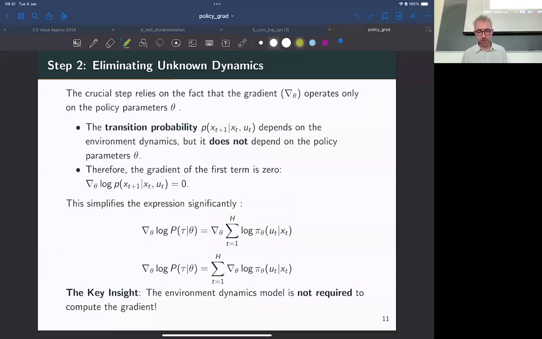So yeah, the key property is that the environment dynamics model is not required. Because this is the expression that we need to compute, and it only depends on our policy. So we just need to make sure that we parameterize our policy with something that we can compute the gradient of. So a neural network works fine.